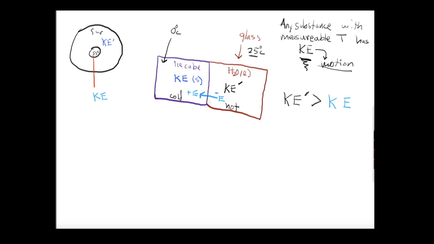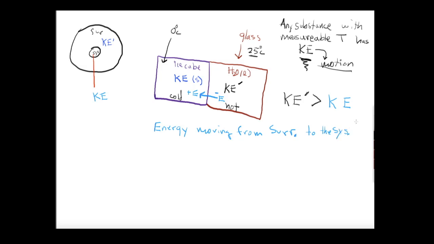Now, this transition, so we have energy moving from the surroundings. Let me go ahead and write that down. In this scenario, we have energy moving from the surroundings, which I'm going to abbreviate, to the system.